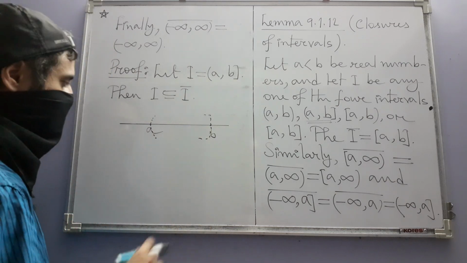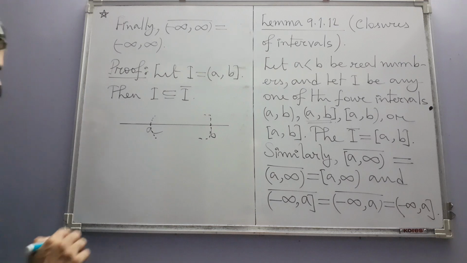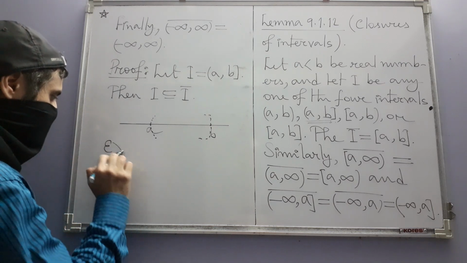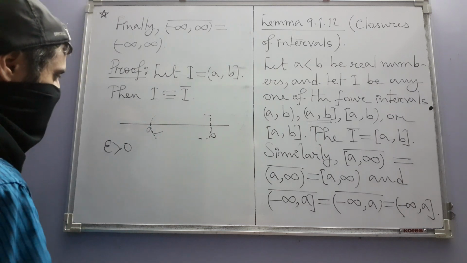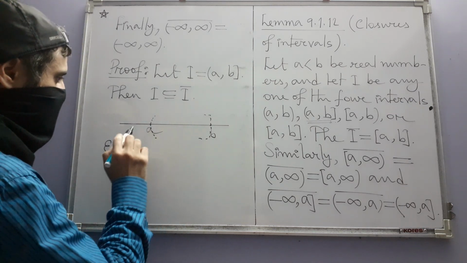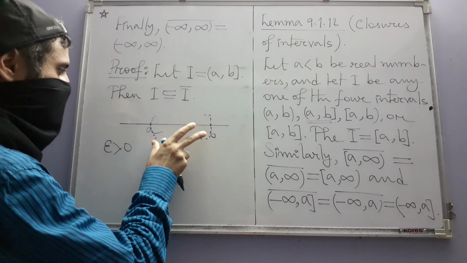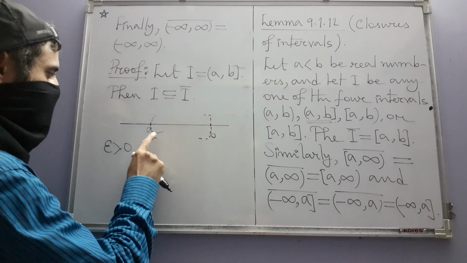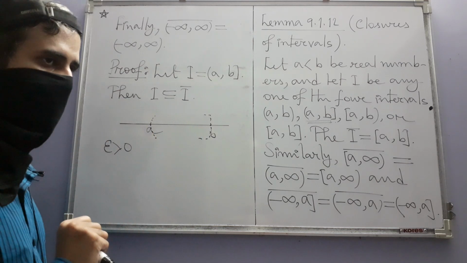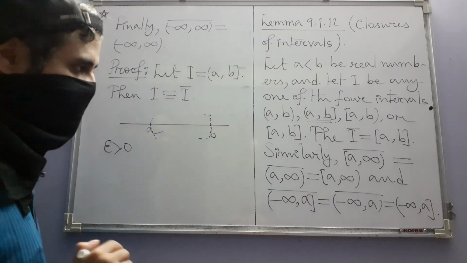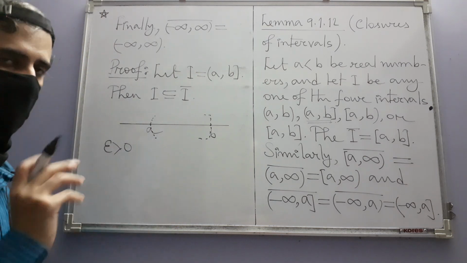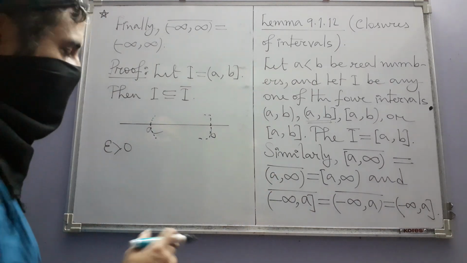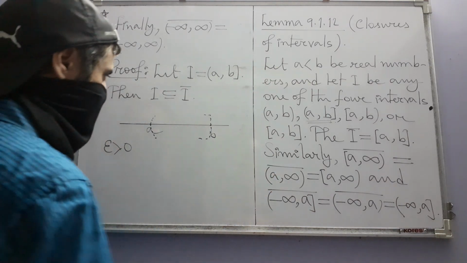And what does that mean? It means that if you are given any epsilon greater than 0, then you should be able to find an element in this interval that is epsilon close to A. Okay. Now the epsilon can of course be anything, large or small, any real number, but positive.